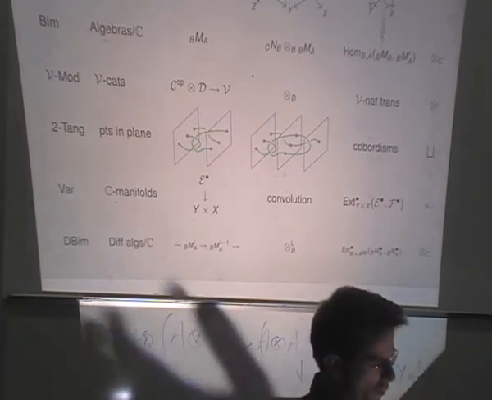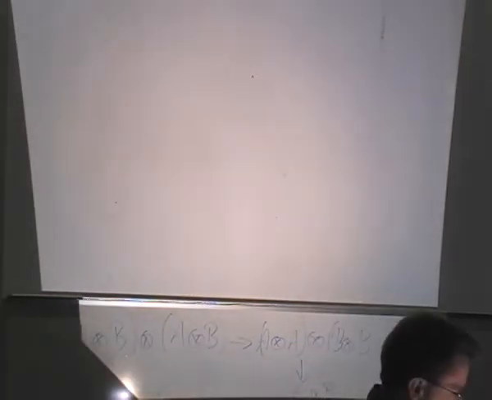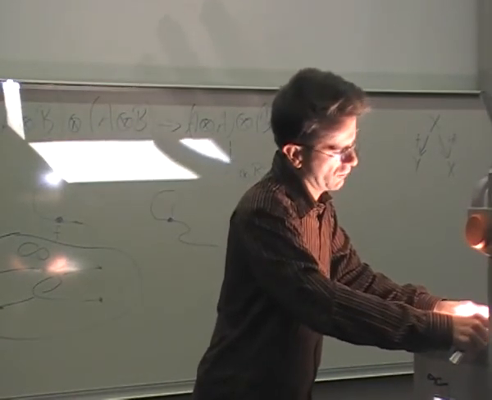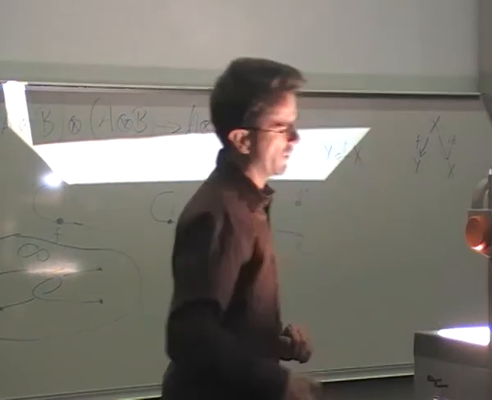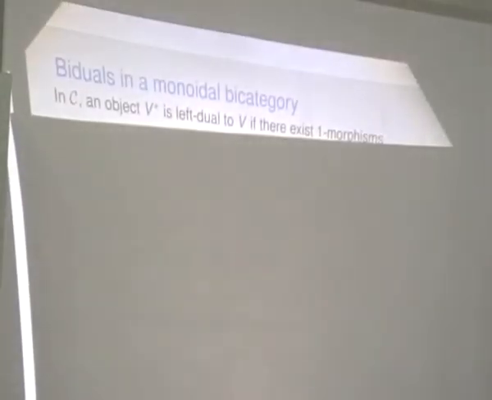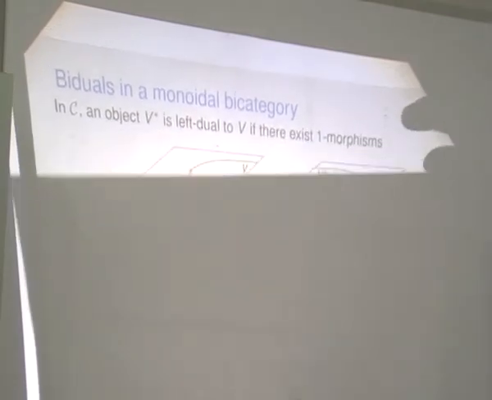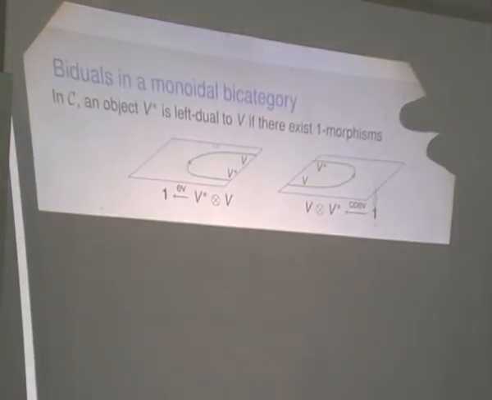Okay, so we had the notion of biduals for monoidal categories. We just need to tweak this a little bit to get the right notion for monoidal bicategories. So we've got a monoidal bicategory, and an object V star is going to be left dual to an object V if we've got the same sort of thing.